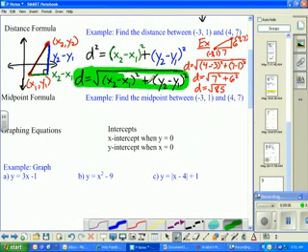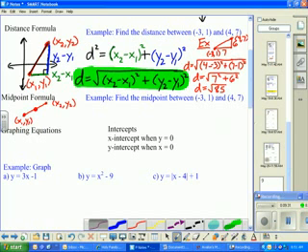We can do the midpoint formula similarly. Midpoint just means the middle. So we're going to use our same 2 points, x1, y1, x2, y2. If we're looking for the middle of those two, we would say, oh, it's about there.